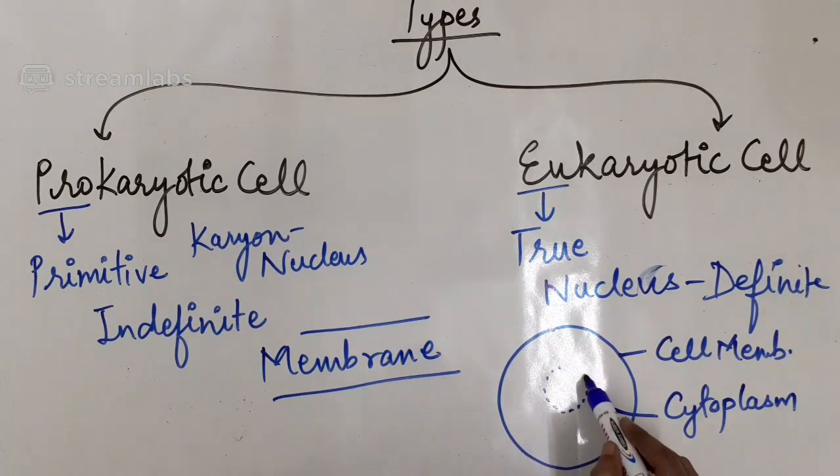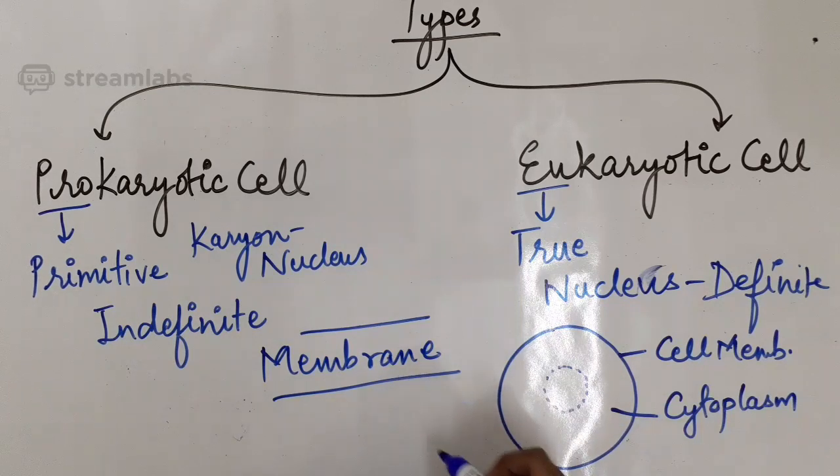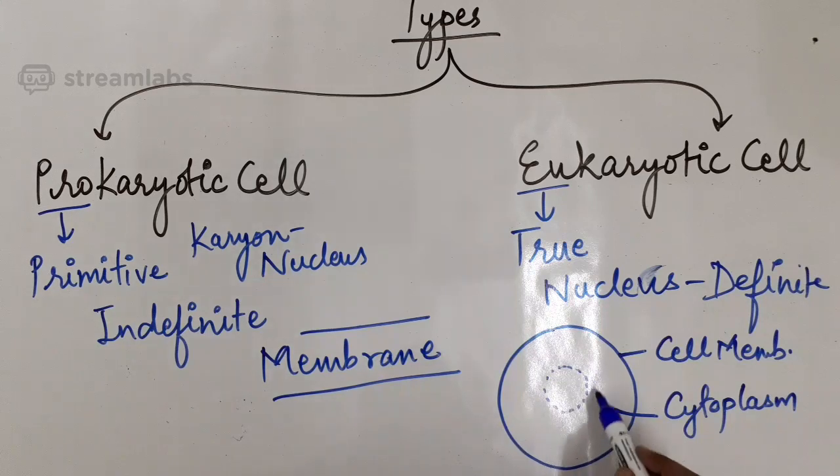Primitive nucleus or indefinite nucleus is like this: the nuclear membrane is not defined, or you can say the genetic material floats. Membrane means layer. Yes, membrane indefinite है या फिर proper नहीं है, इसे prokaryotic cell कहेंगे.